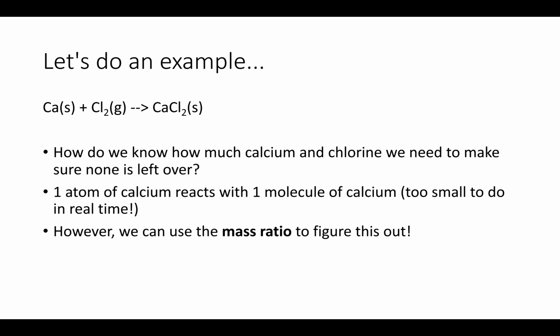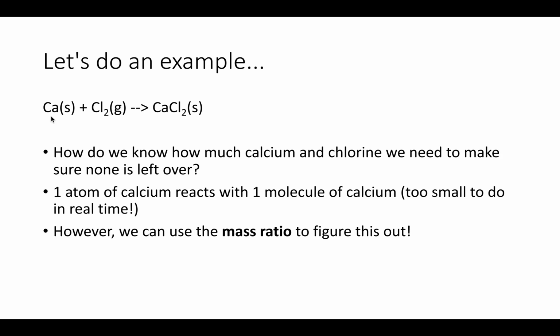So if I asked you to do this reaction, solid calcium combined with chlorine gas, which makes calcium chloride as a solid, okay? If I asked you to perform this reaction, this would be a pretty unreasonable ask of me, okay? Because all I'm telling you here is that 1 atom of calcium reacts with 2 atoms of chlorine to form calcium chloride, okay?